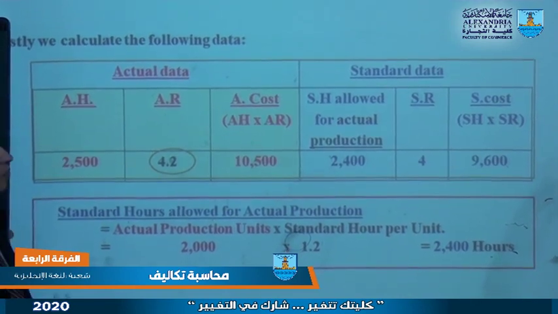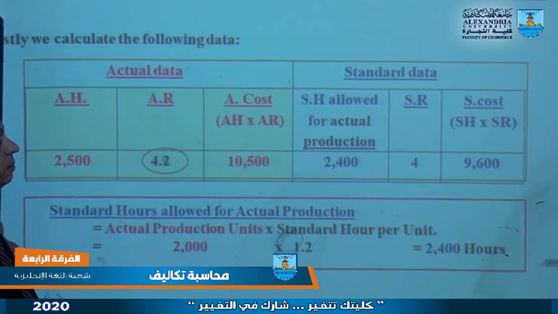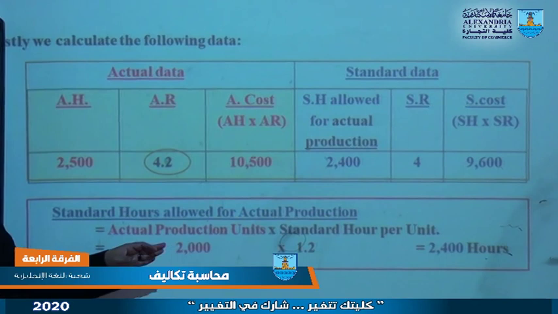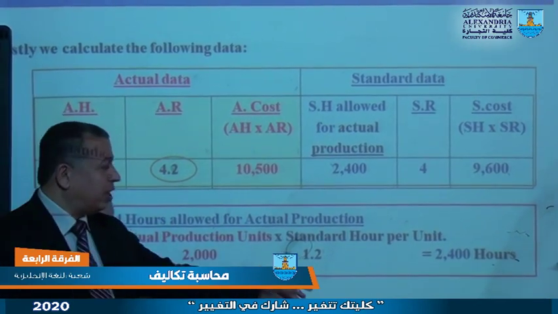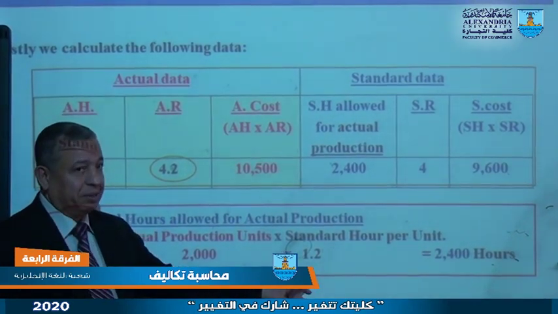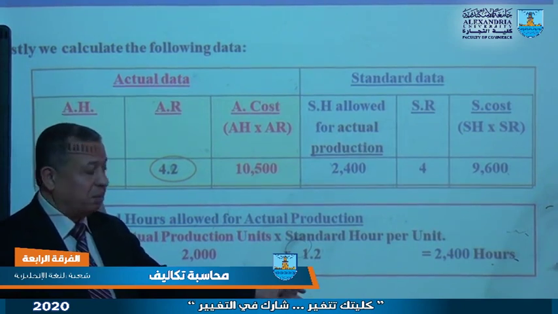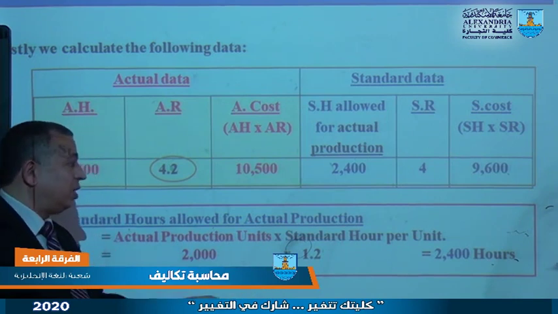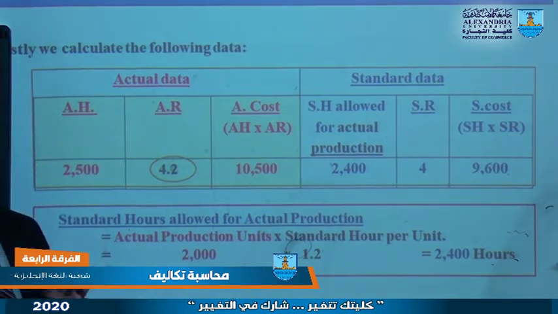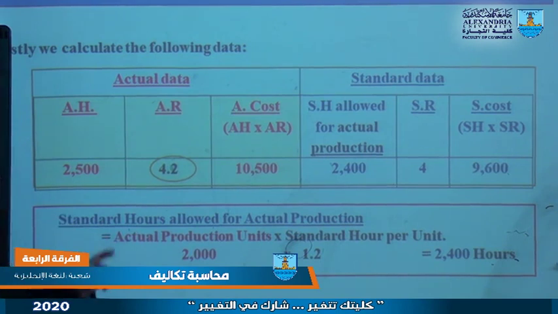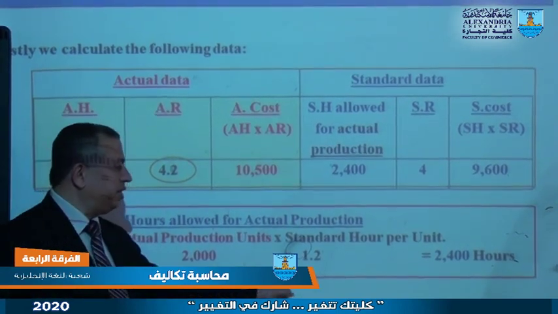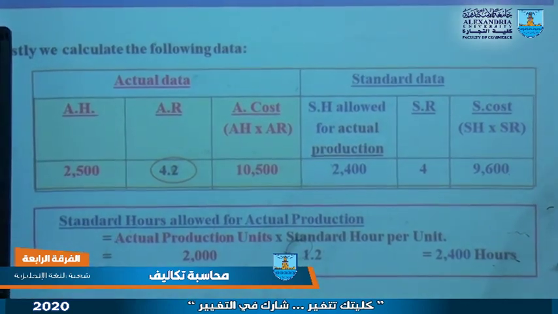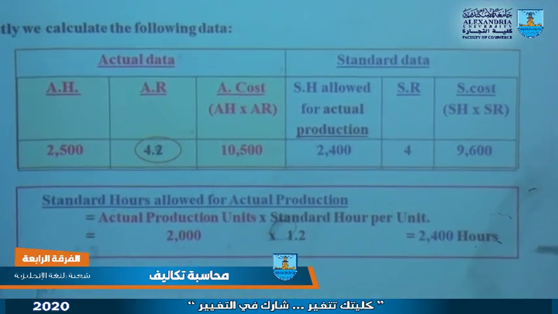The second, standard data. Standard hours allowed. Here I need actual production times standard hours per unit. Here I have standard hours per unit given. Again, given. But if you have an exam in the future, and I ask you to analyze the variances of variable overhead, you have to calculate the standard per unit and per hour, standard hours per unit and standard rate per hour, okay?